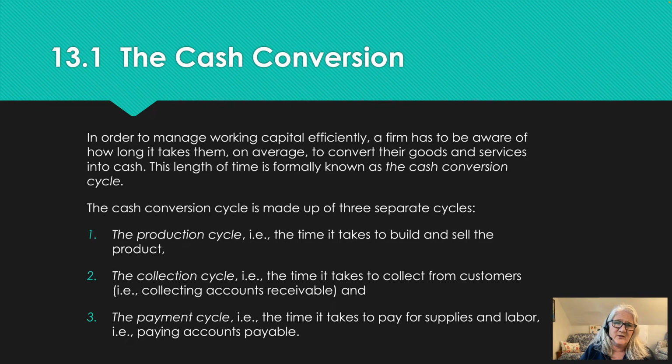So the production cycle is the time it takes you from when you purchase your raw materials, then you build your product, and then you sell it. That's your production cycle. And if you think about the balance sheet accounts, you've got raw materials inventory, then you've got work in progress inventory, and then you've got finished goods inventory.